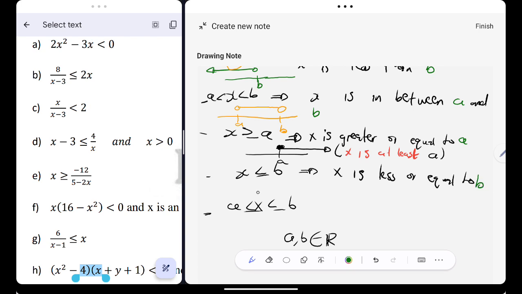And how do we represent it on a number line? Just put a B here, a shaded circle pointing to the left, since the sign is less than.